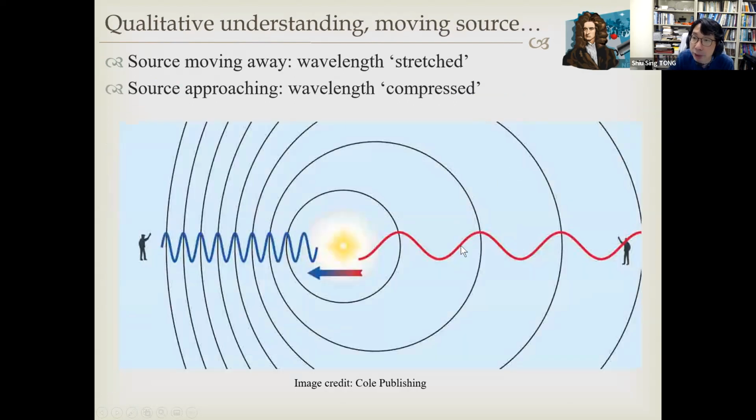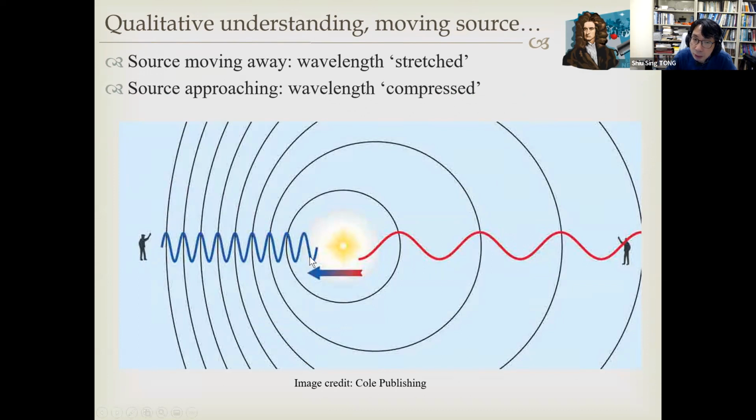Now here is a simple explanation of the Doppler effect. Suppose you have a sound source. It may be a light source or a sound source, whatever source you like, as long as it's a wave. Imagine the wavefronts are propagating outwards from the source. But imagine that now the source is moving.